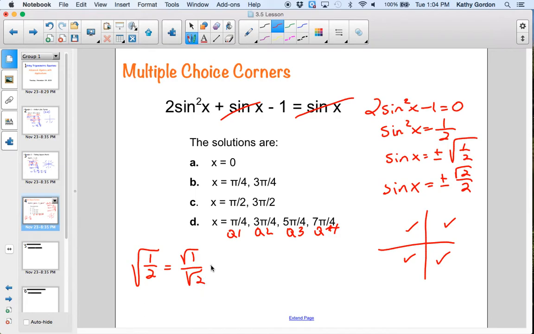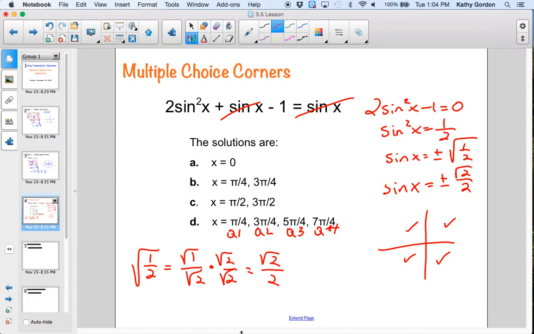So I had to multiply the top and the bottom by that square root to get rid of it. Which means on the bottom now, square root of 2 times square root of 2 just leaves me with 2. Square root of 1 is just 1 times the square root of 2 gives me the square root of 2 on top. So this is just the result of rationalizing this. Okay? Getting rid of that radical from the denominator.